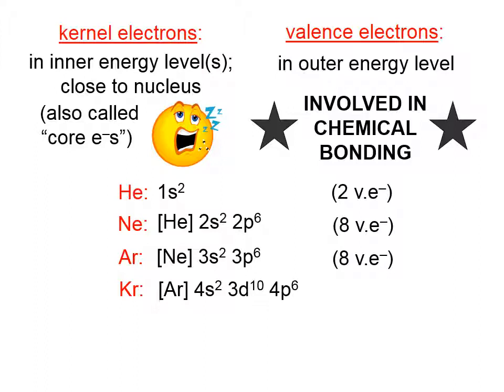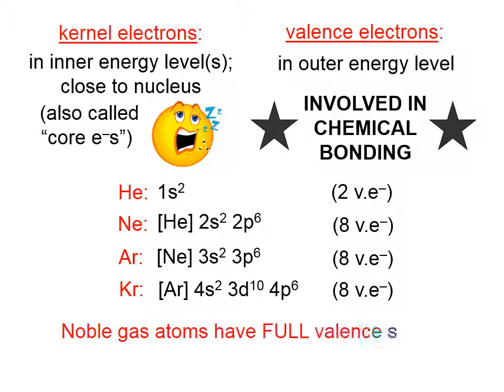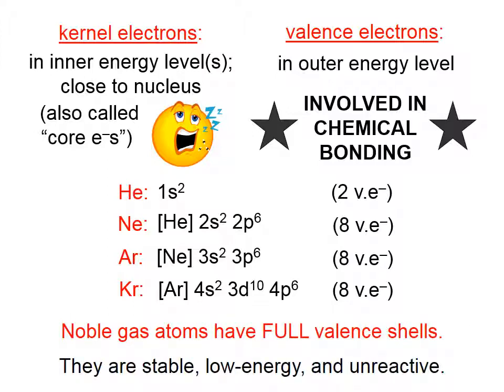And so the outer energy level is the 4th one. In other words, these d electrons are not valence electrons. And in general, you never consider d electrons to be valence electrons. The most valence electrons you can have is 8.